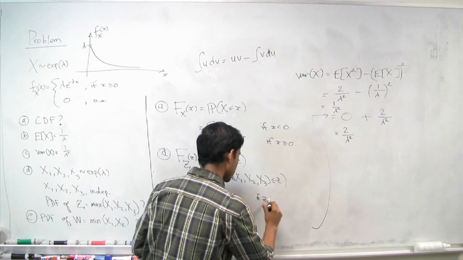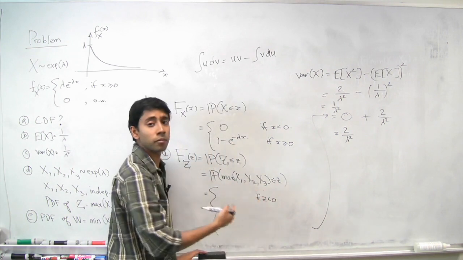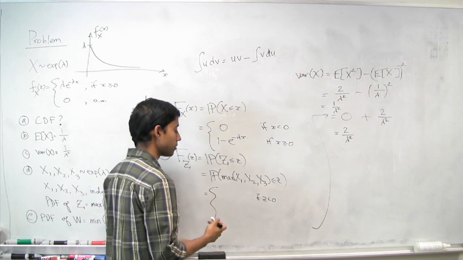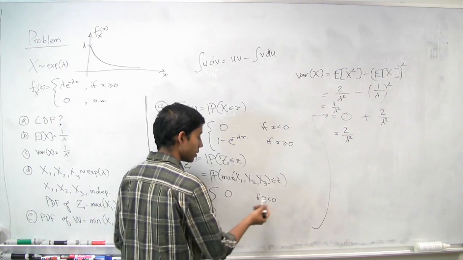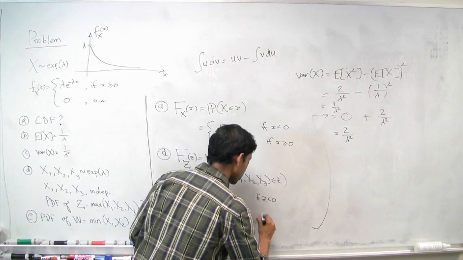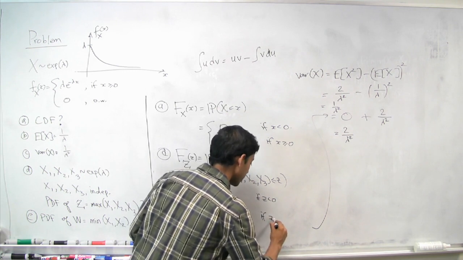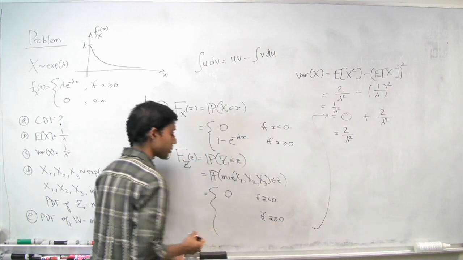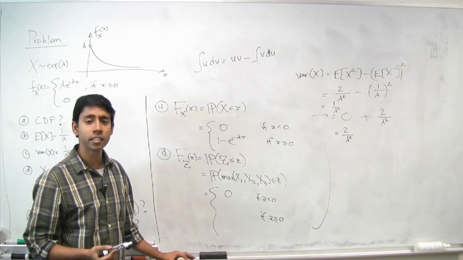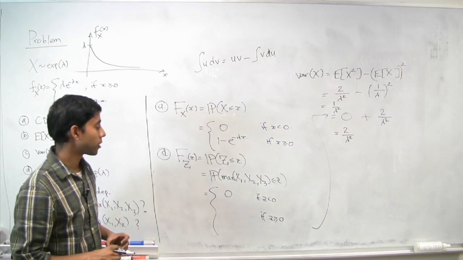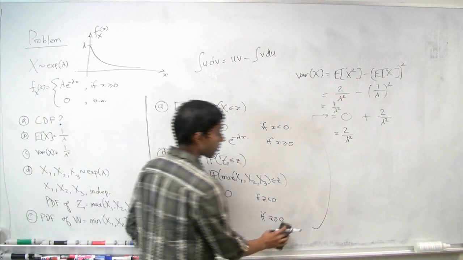If z is less than 0, x1, x2, x3 are positive, not negative. And so if you get little z less than 0, you're not going to have any probability there. And so if z is greater than or equal to 0, it's where it gets interesting. We need to do something special.